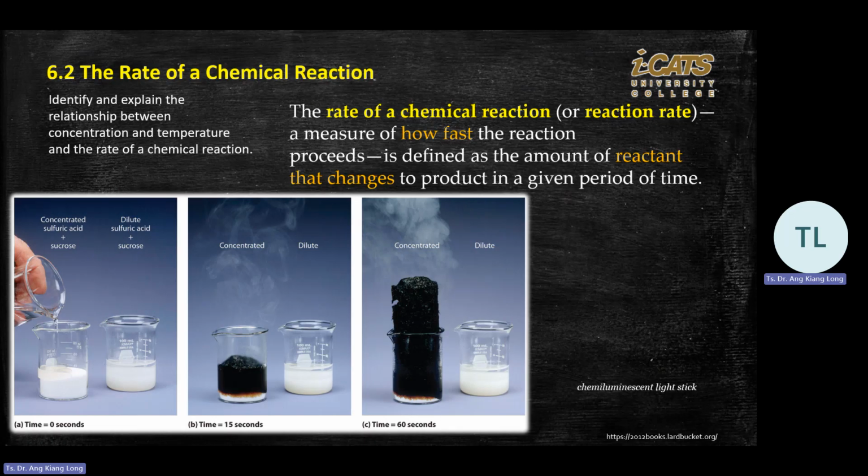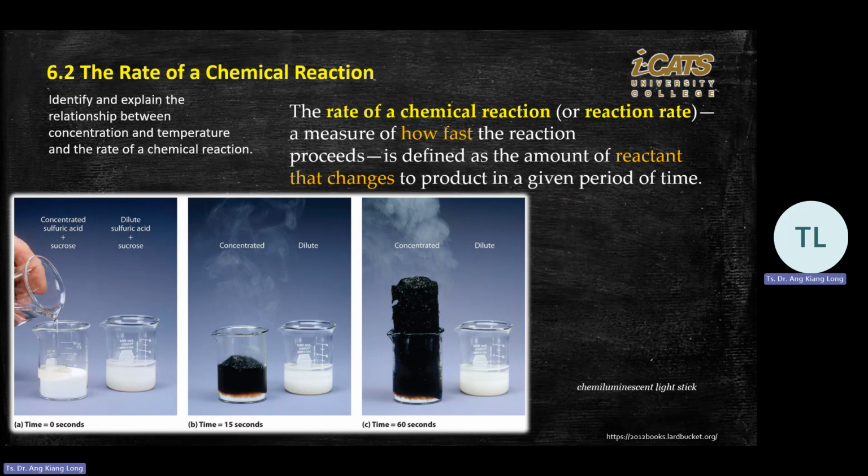So in all kinds of experiments, not only in chemistry, but in physics or in statistics that you learn in your degree later, you always need a control medium. In this case, the beaker on the right hand side. You always need something to compare. So when you do research, when you do lab report, or when you go into degree, you do research later, you need to always have a control sample.